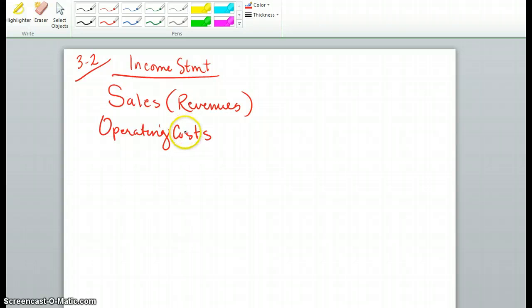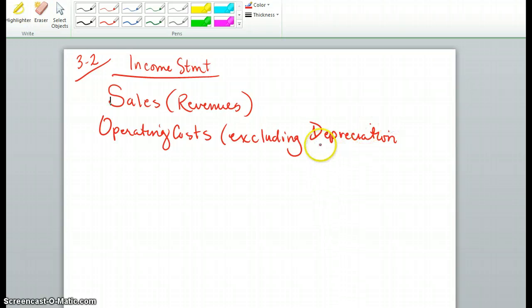But in finance, we typically want to separate out depreciation. And so we'll have all those operating costs, but we will be excluding depreciation and amortization. Now, amortization is very similar to depreciation, but it's just on intangible assets.